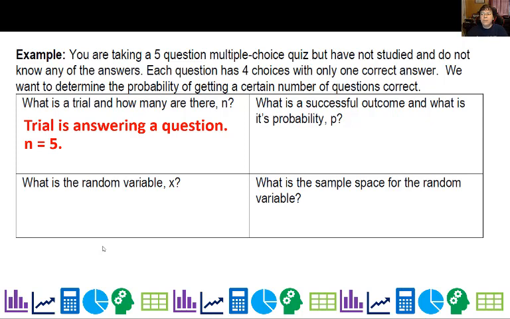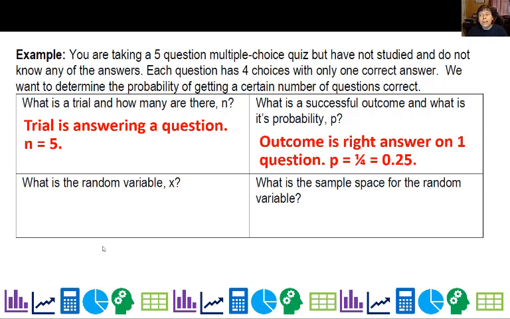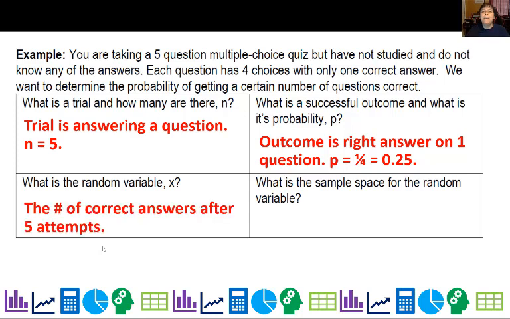What is a successful outcome, and what is its probability P? Outcome is the right answer on a question. Probability you get the correct answer just guessing on a question is 0.25. What is the random variable X? X is the number of correct answers after 5 attempts. So what's the sample space? What are my possible outcomes for X?